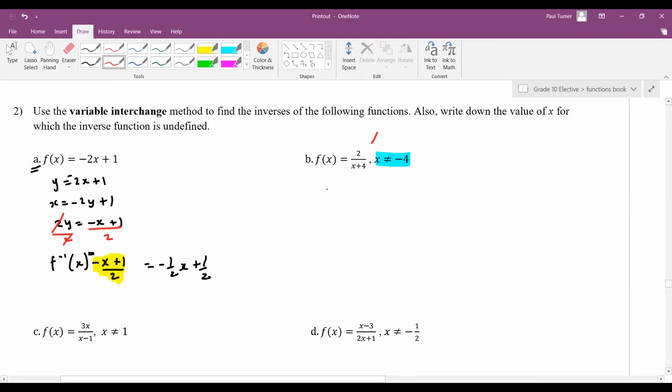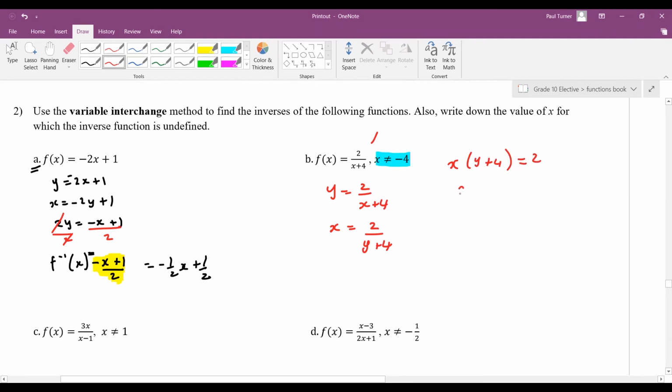So we do the same again. y equals 2 on x plus 4. Swap your x and y. x equals 2 on y plus 4. And it looks like we need to cross multiply here. So x times y plus 4 equals 2.